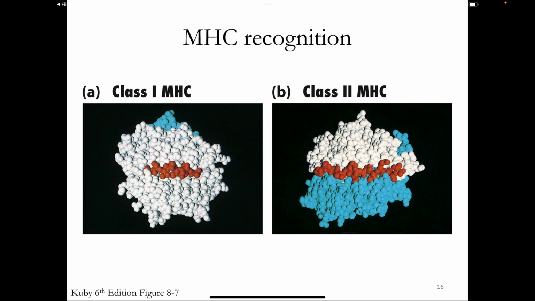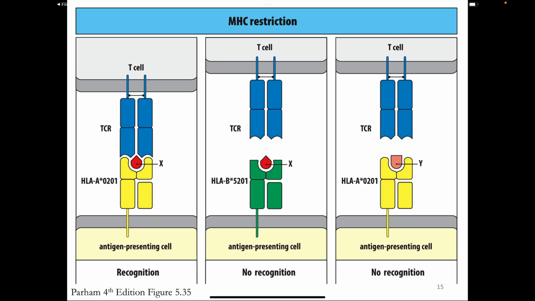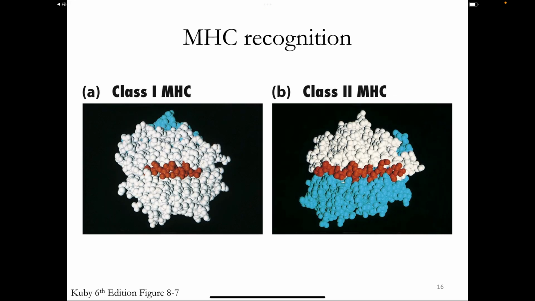In reality, if you look at this image, you can see the MHC and the peptide, nicely color-coded and labeled, and it's really easy to know what's MHC and what's peptide. But this is actually what the T cell sees, and it's not color-coded for the T cell.